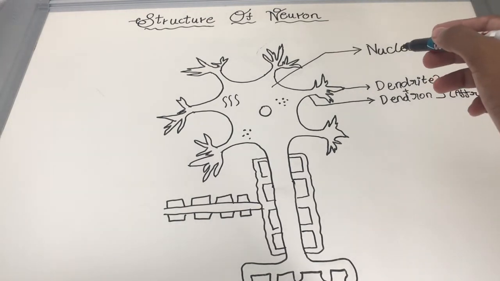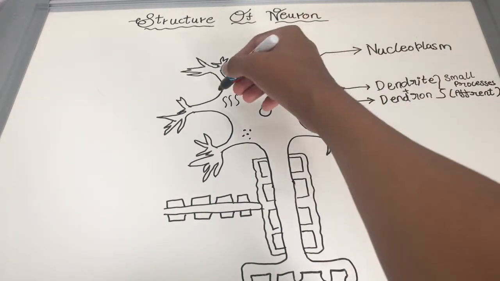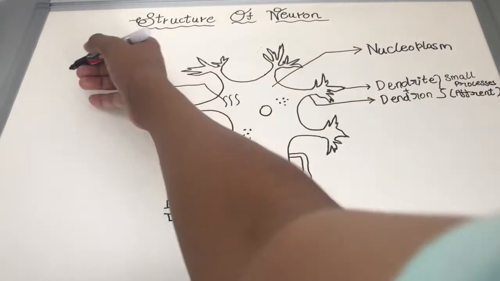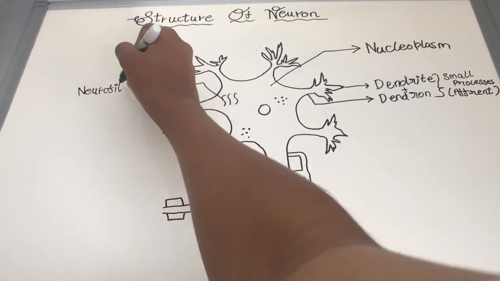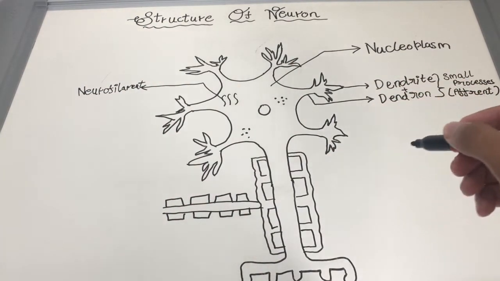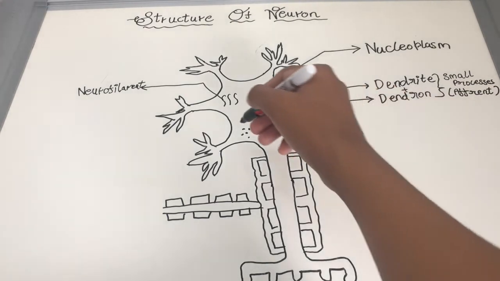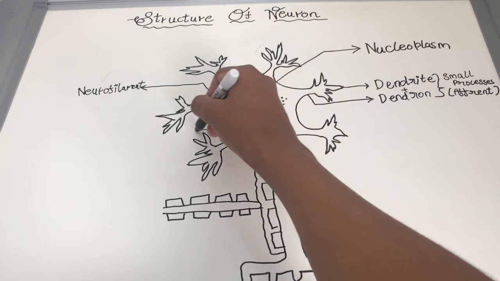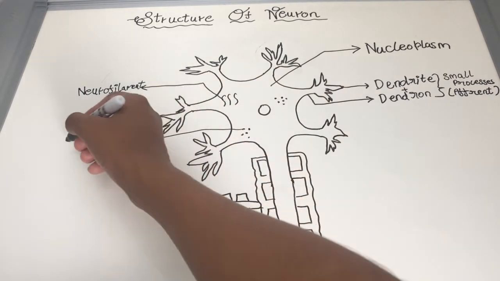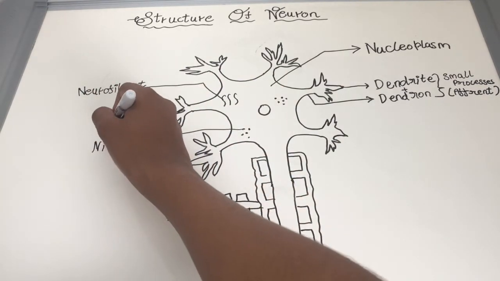Now we will come to these filaments which I have marked. These are known as neurofilaments, and you must have heard about these structures. It's a very famous part of the neuron, Nissl's granules.